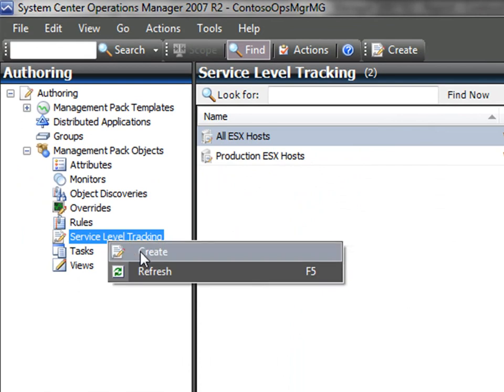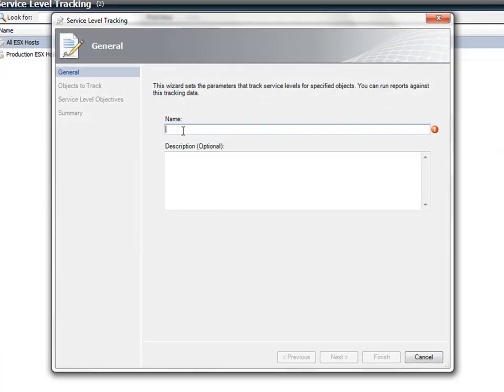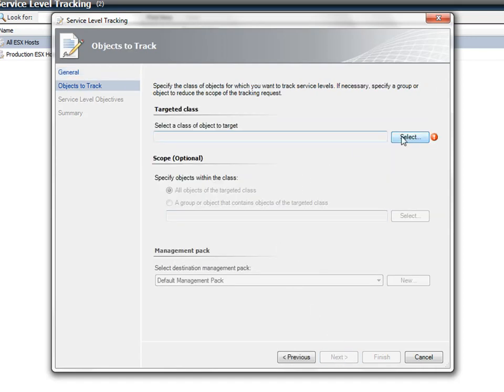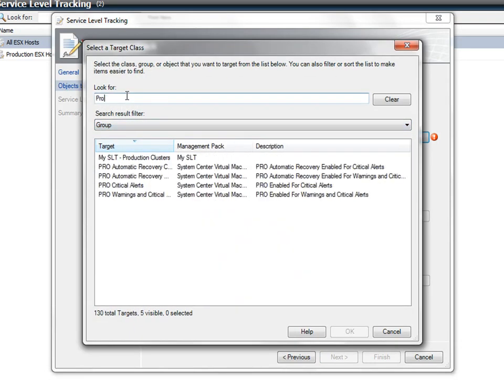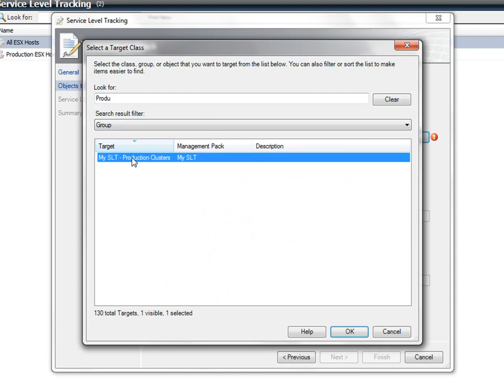Next, we will create the service level tracker. Instead of targeting the VMware ESX host class as before, we will target the new group we just created.